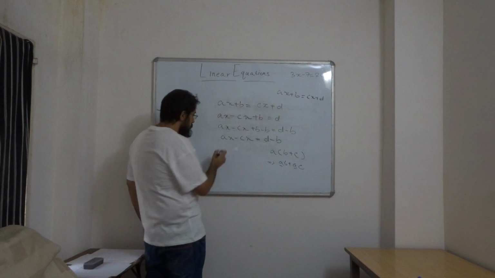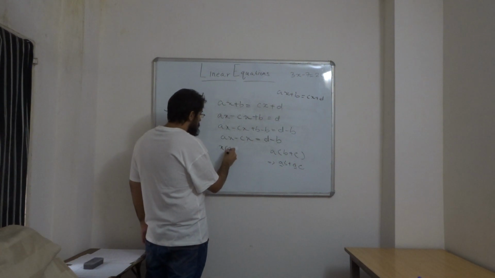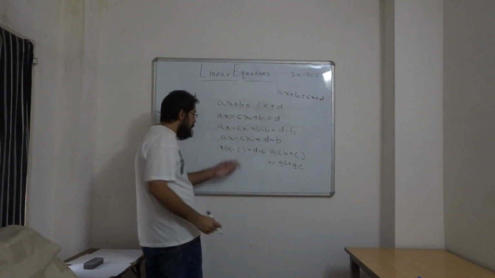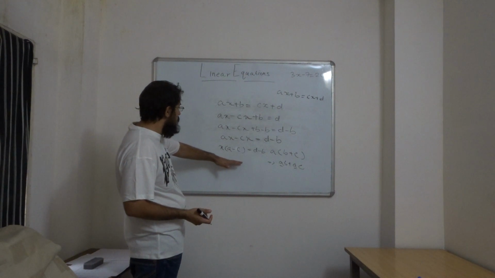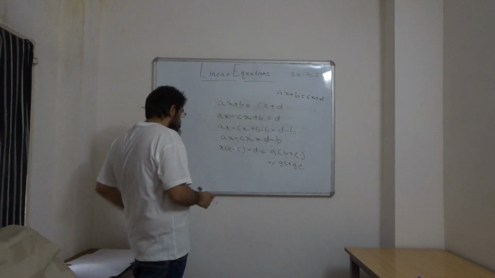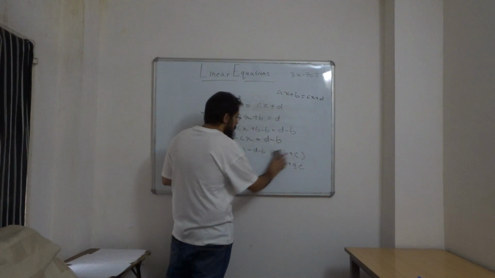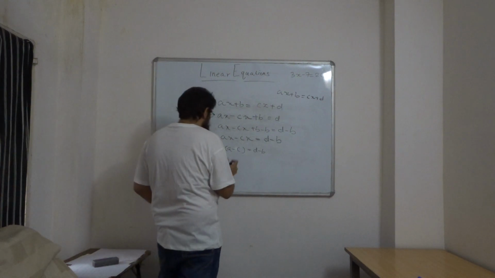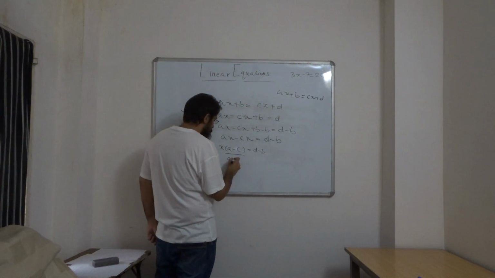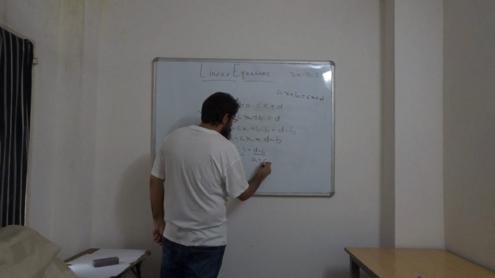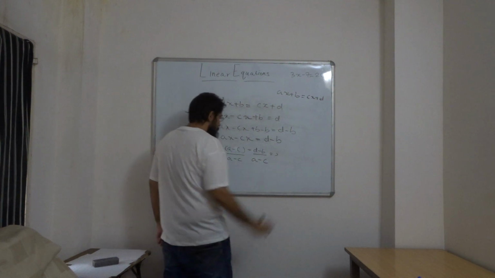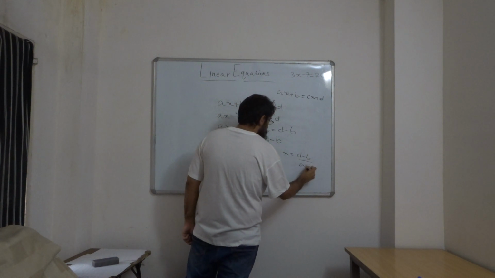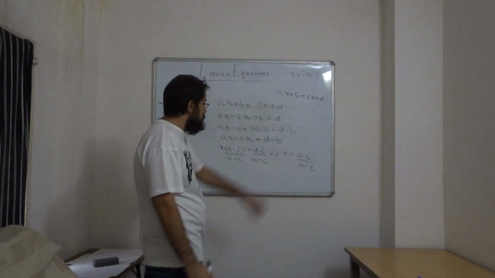Basically, you take X and then you have A minus C, D minus B. And then you divide both sides by A minus C. Like this, you basically get A minus C divided by A minus C, and then X equals D minus B over A minus C. This is your answer.